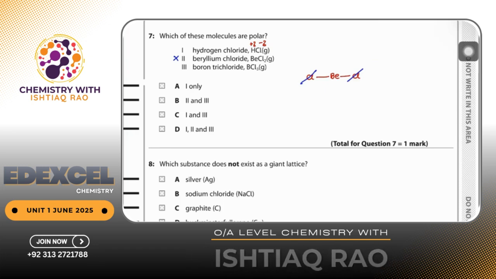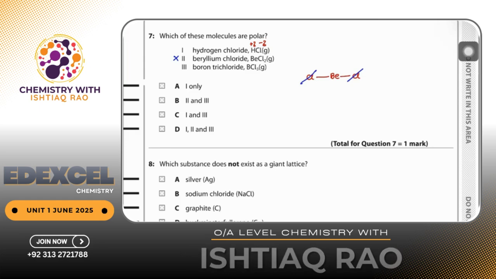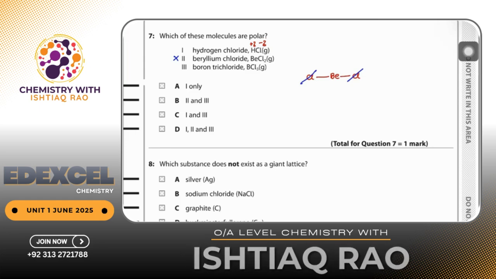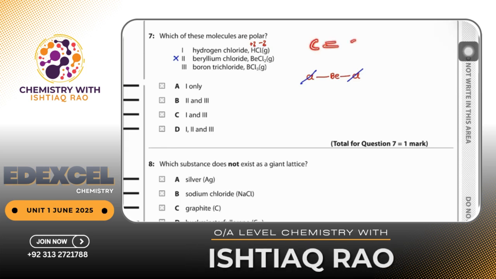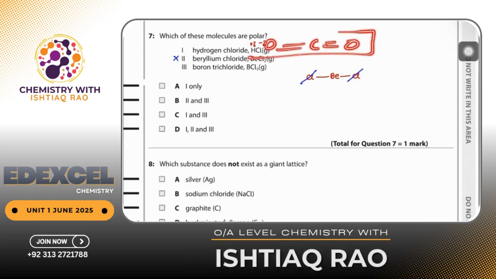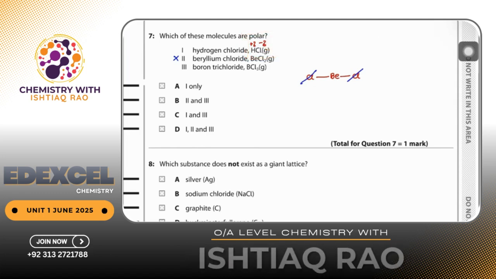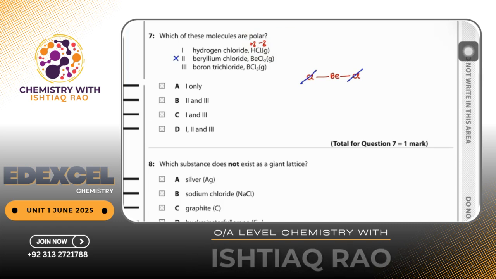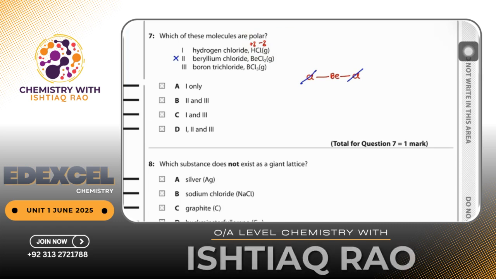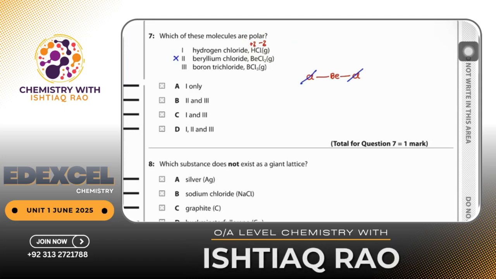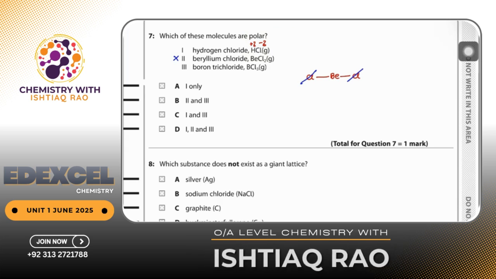Is it polar or non-polar? Carbon dioxide is non-polar. It's a linear structure in which the dipoles cancel each other, so overall it is non-polar. Even though it has different elements, we have to consider the structure, right?